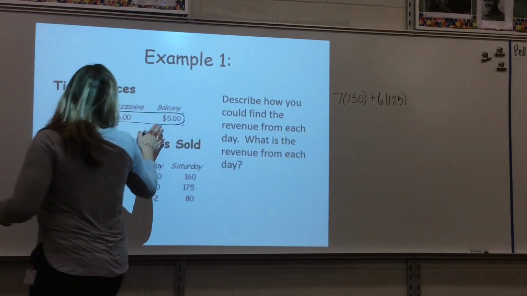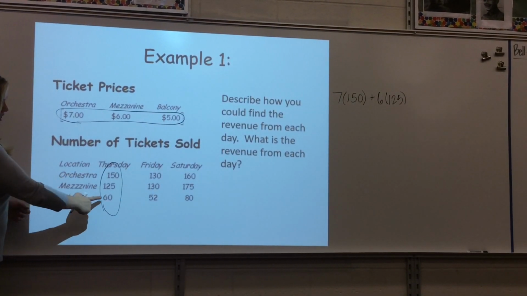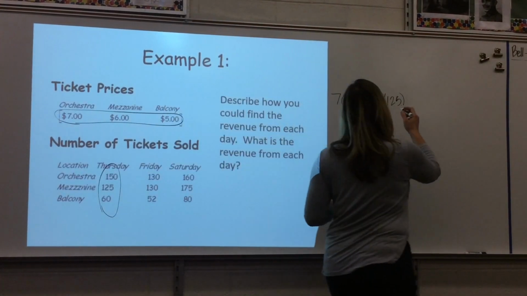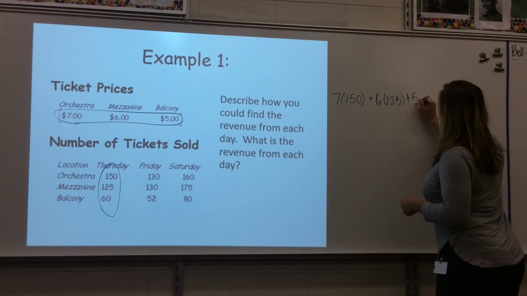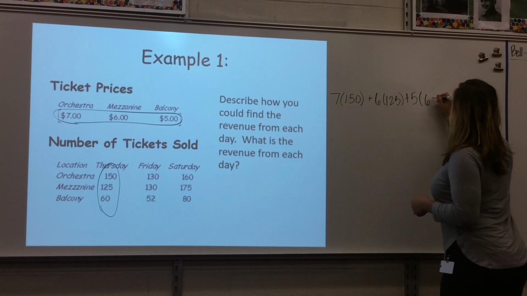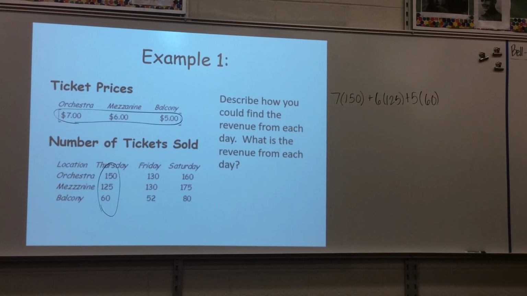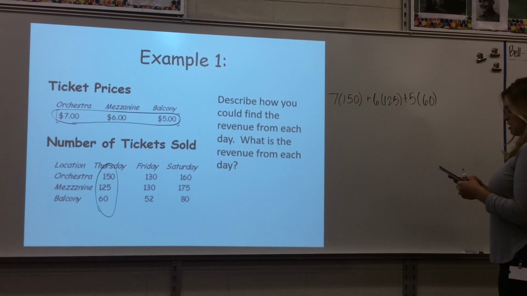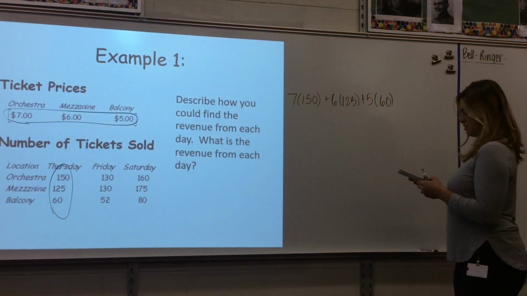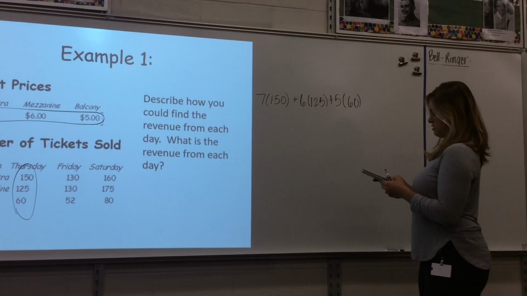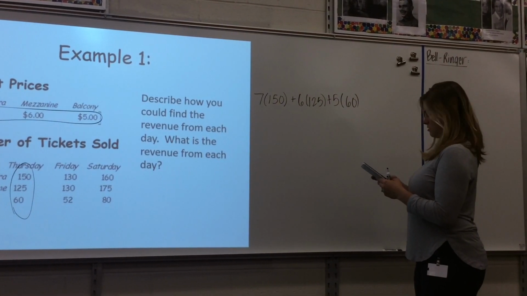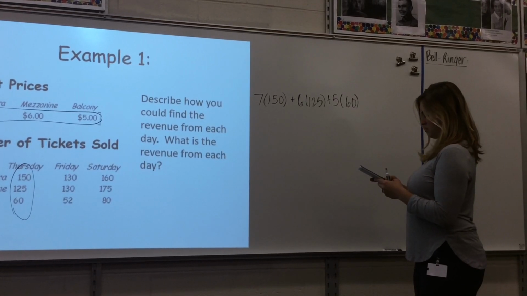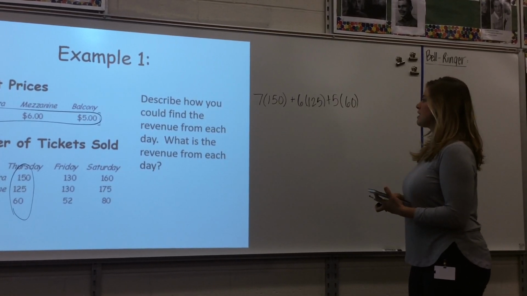And then balcony is $5 per ticket, and there's 60 balcony seats. So when I add them together, my total for the day is going to be $2,100.